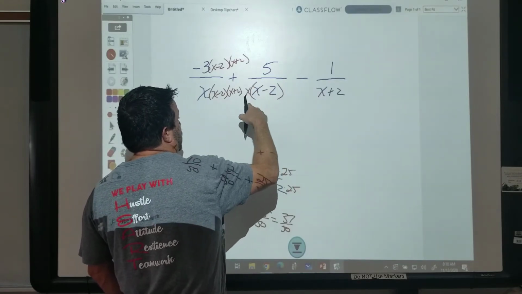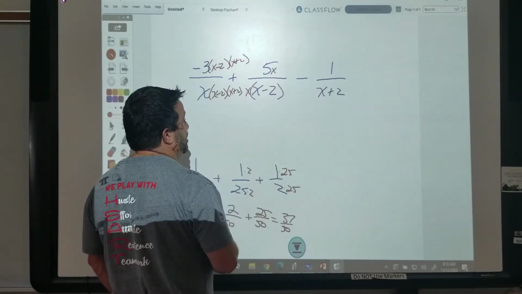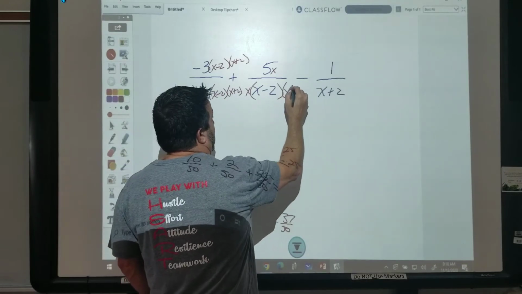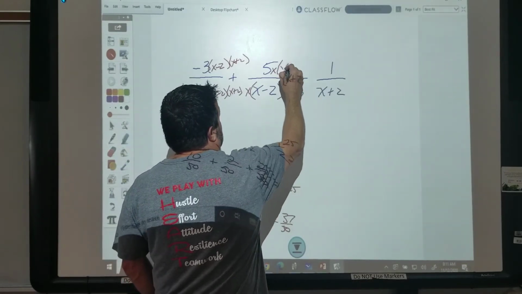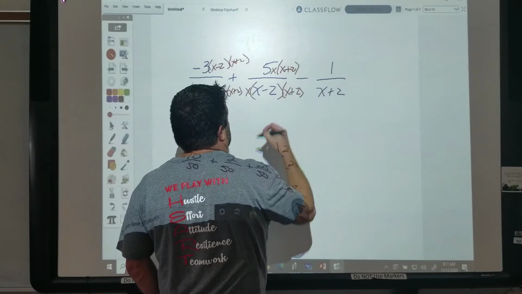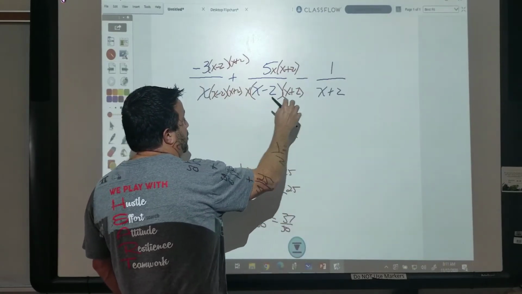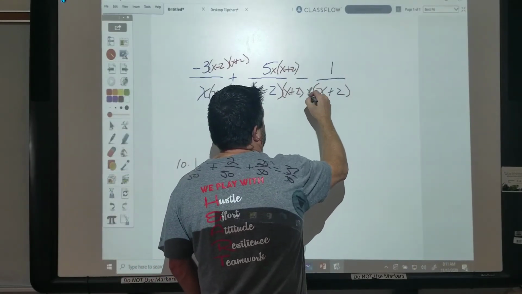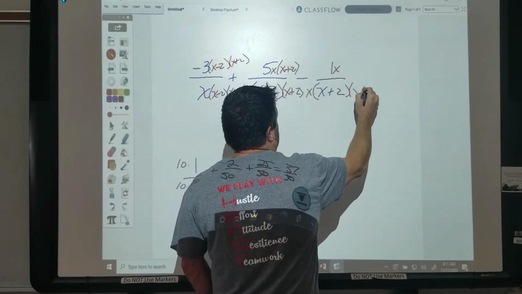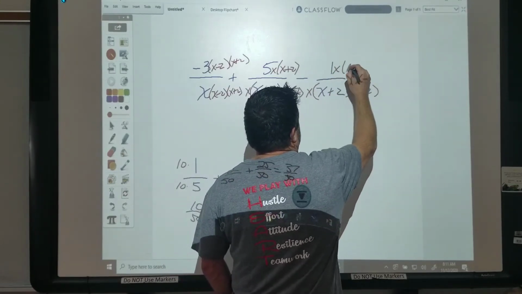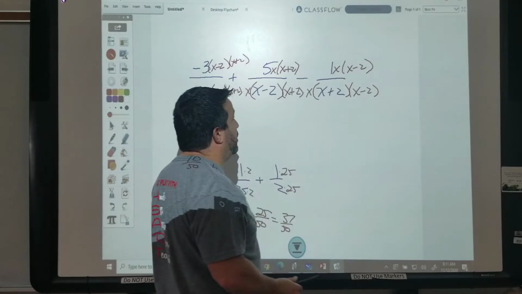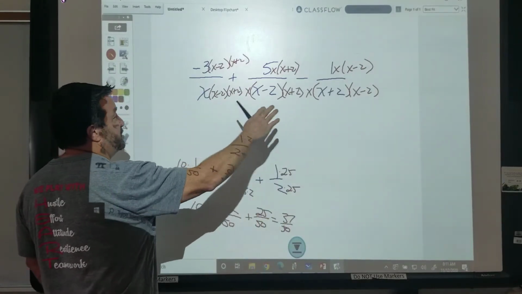Notice, as I multiply the bottom by something, I multiply the top by the same thing. Multiply this one also by x plus 2, so they have the same denominator. This one I would need to multiply by x and x minus 2. And then I would have three fractions that all have the same denominator.